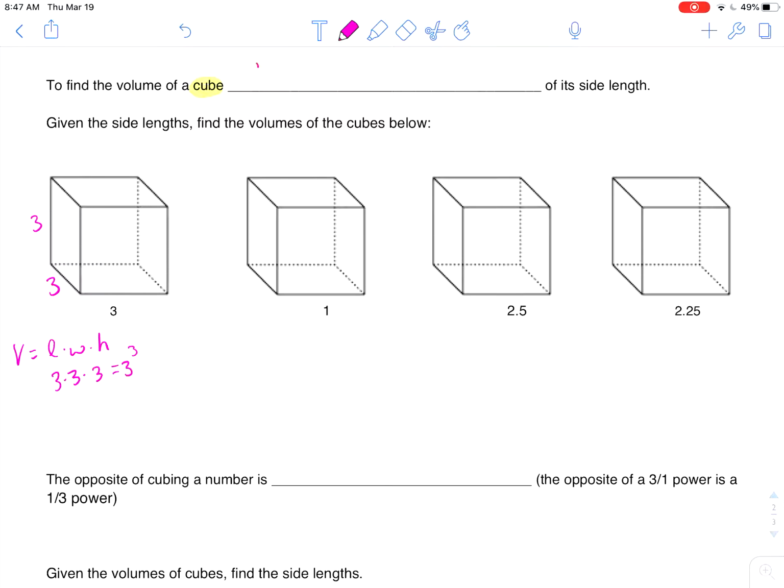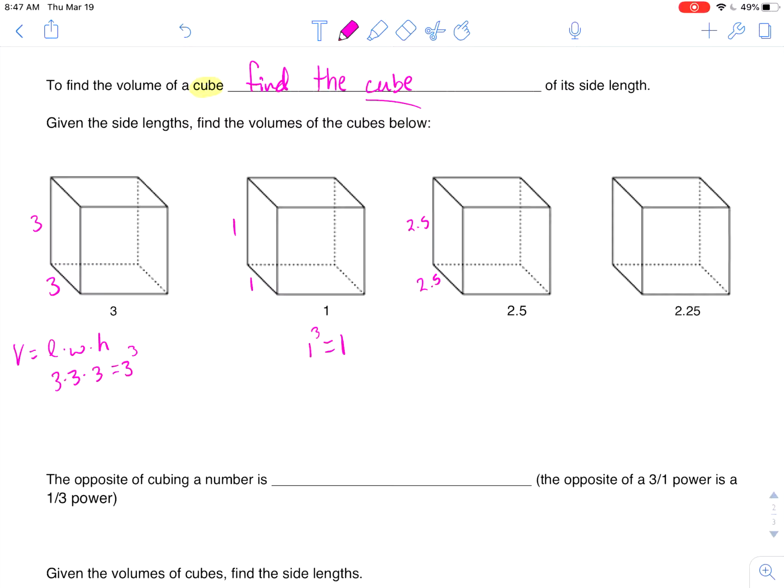So to find the volume of a cube, we find the cube of its side length, or we cube the side length. So here we would take 1 times 1 times 1, or 1 cubed is 1. Why don't you guys find these last two on your own, pause the video, and then see how it went.